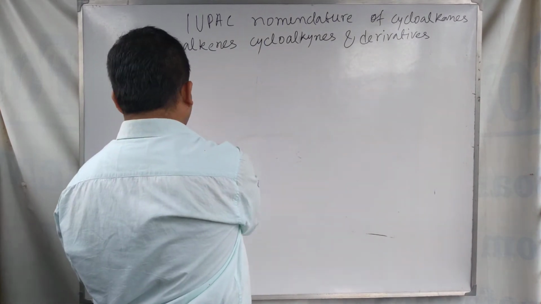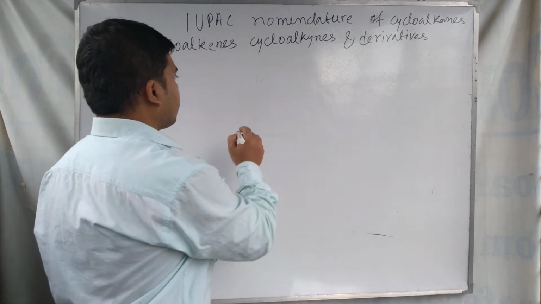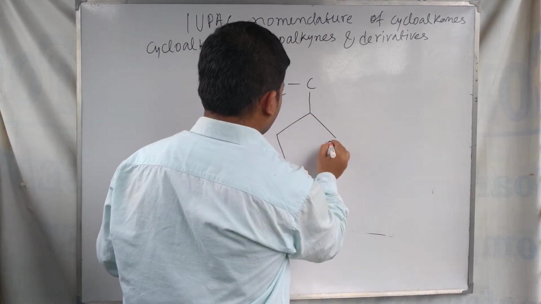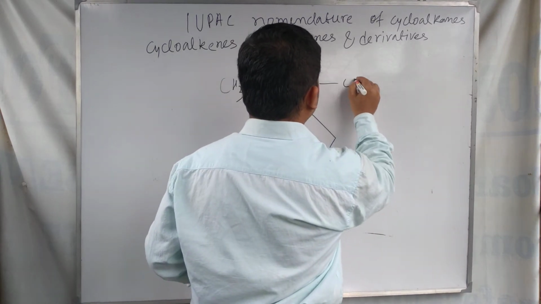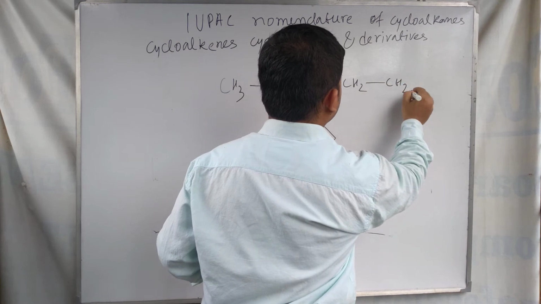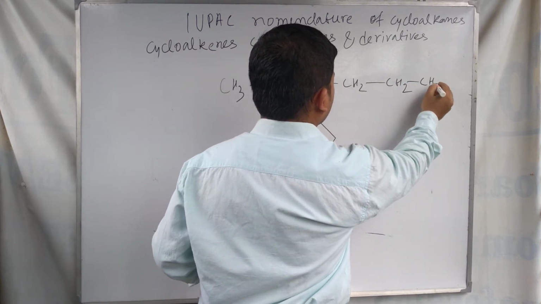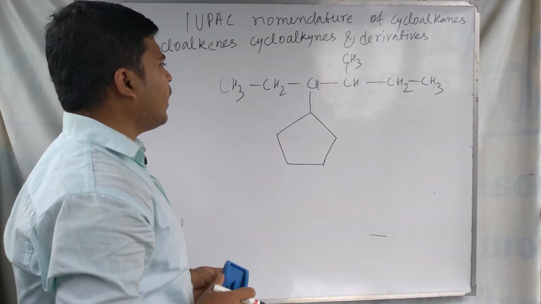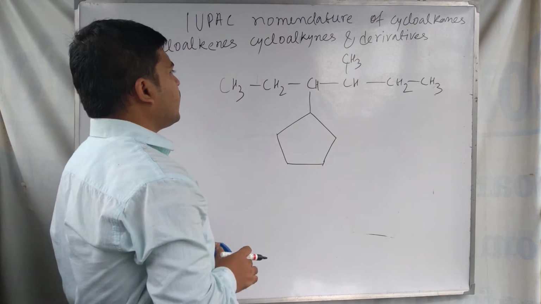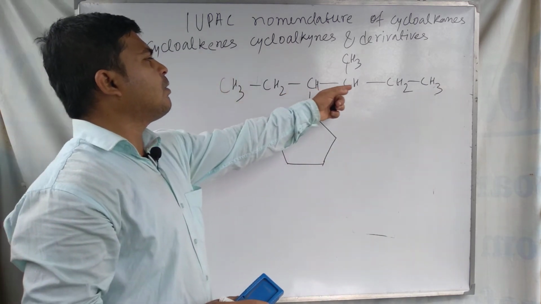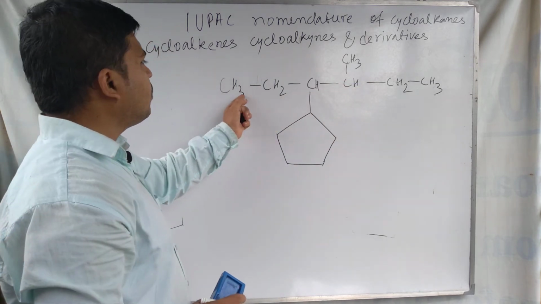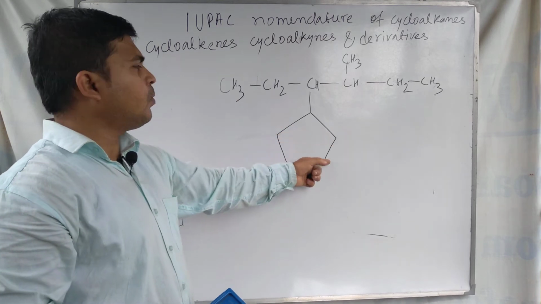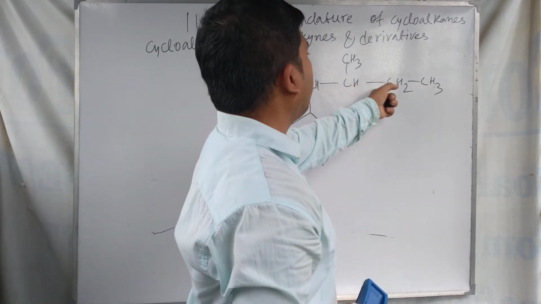After that, we have to know that if the ring is smaller than the chain, suppose for this molecule, this is a cycloalkane, and you find that it is a ring, but it has a chain associated with it, and the chain length is more than the number of carbons in this ring. 1 2 3 4 5 carbons are present in this ring, and in this chain 1 2 3 4 5 6 carbons are present.